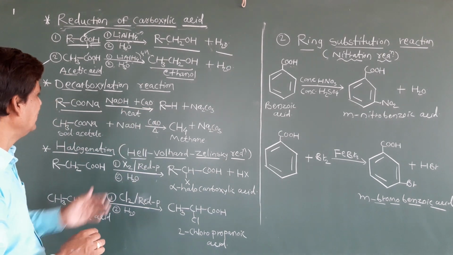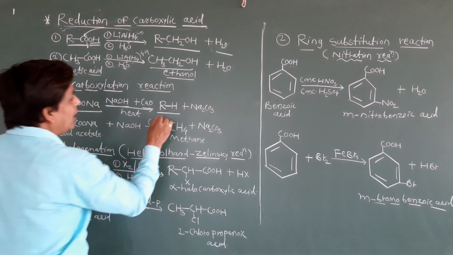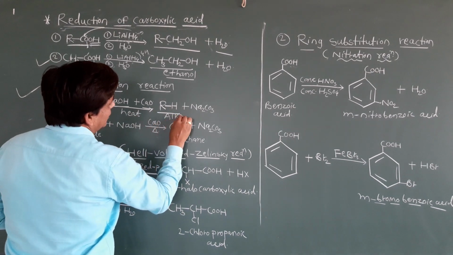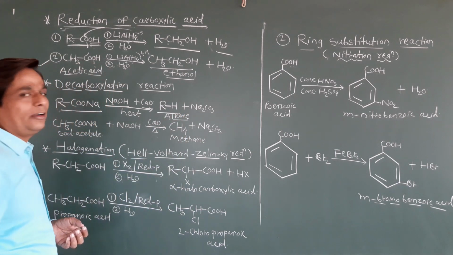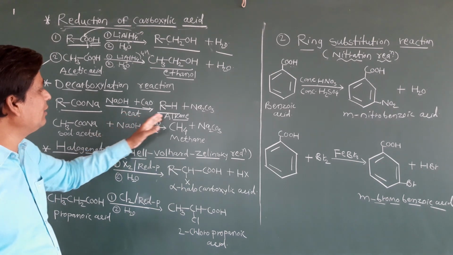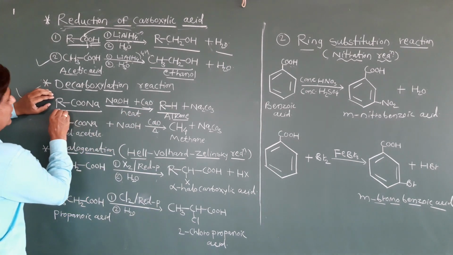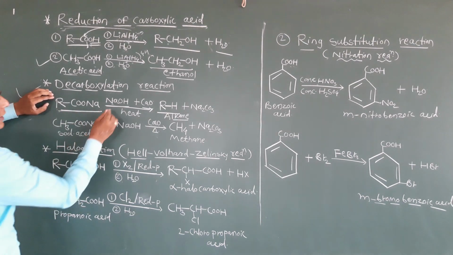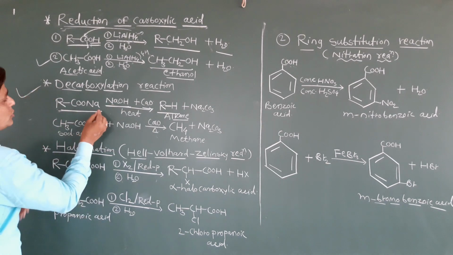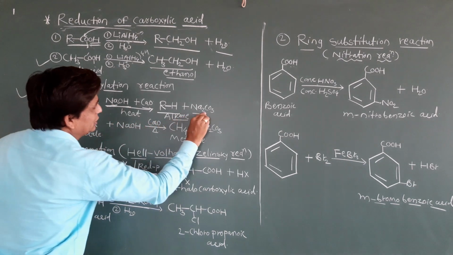On heating, we will get RH, which means an alkane. Remember, when a carboxylic acid undergoes decarboxylation in the presence of NaOH and CaO on heating, we always get alkanes. Just see the mechanism of this reaction. Here I have taken RCOONa and NaOH. Students, this Na and this Na, total 2 Na, Na2.